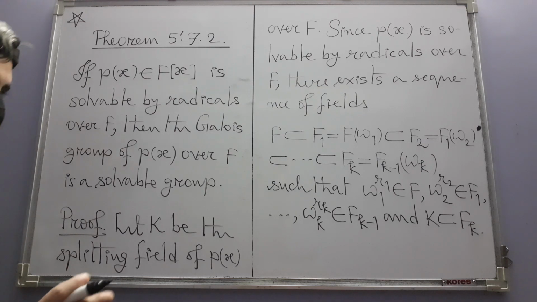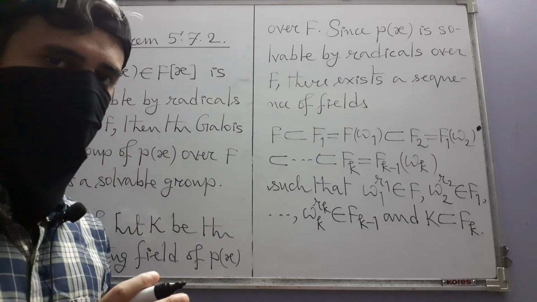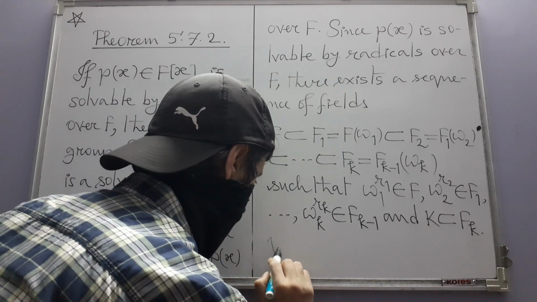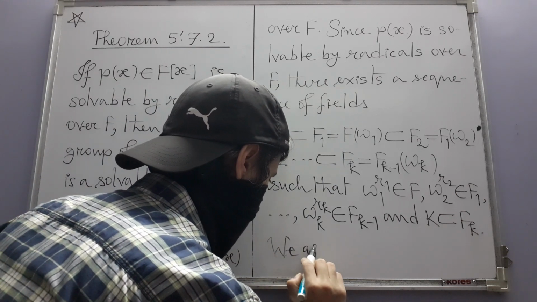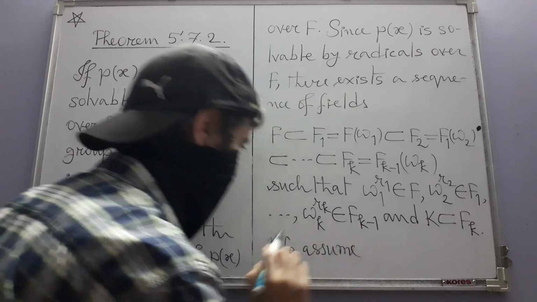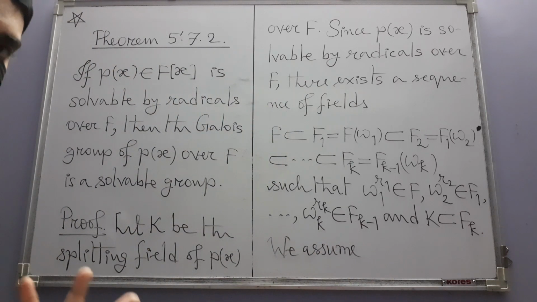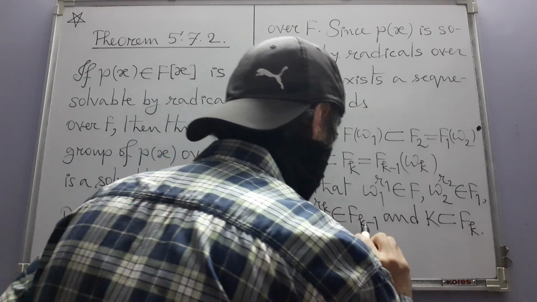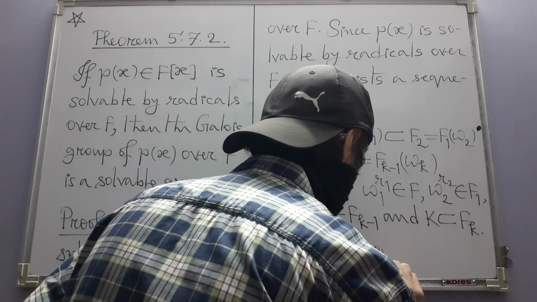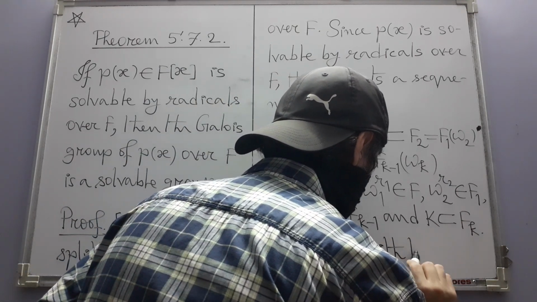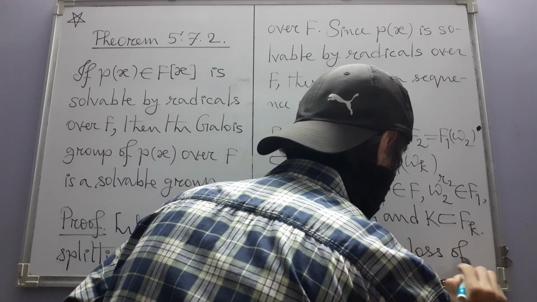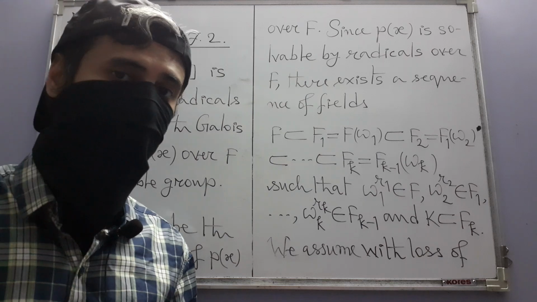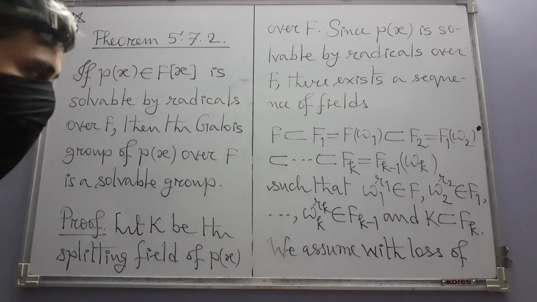Okay. Now we are going to make an assumption about which we have already discussed before. Why this assumption can be legitimately made, we have already discussed this before, so I am not going to go into that again. We assume that without loss of generality, this largest field Fk is a normal extension of F, our base field.